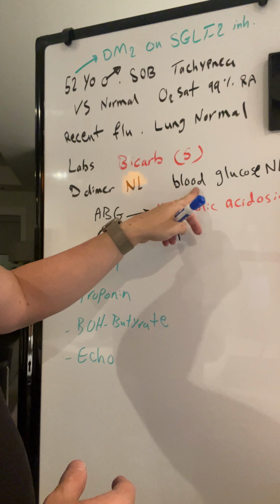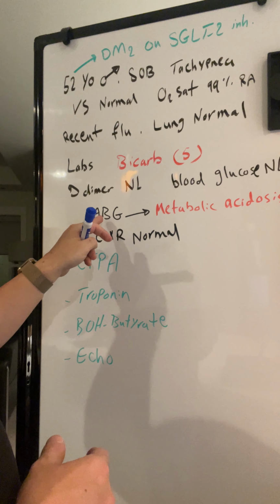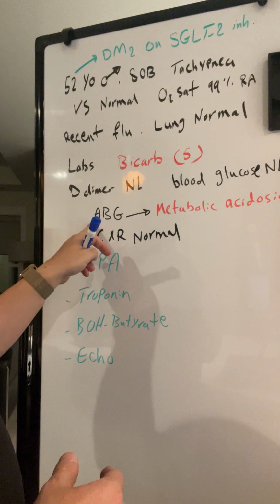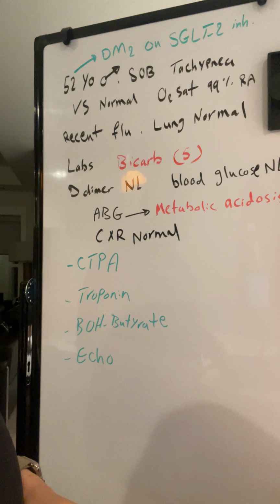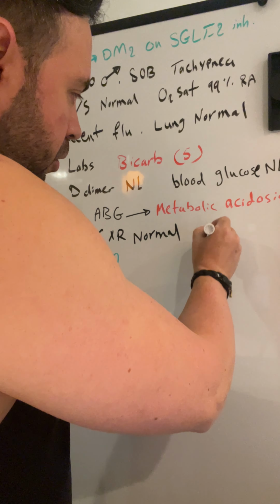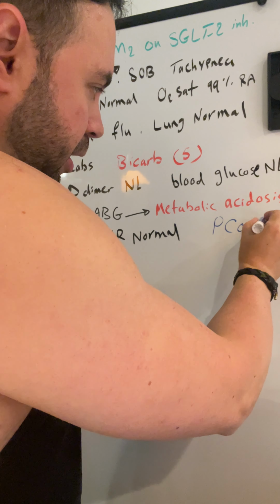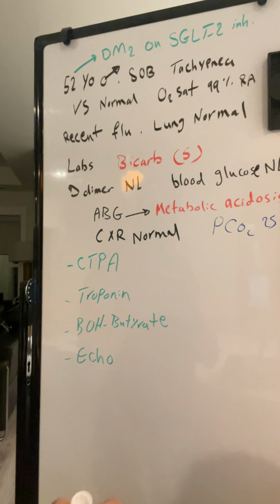The blood glucose of the patient was also normal, and they did an ABG that showed evidence of metabolic acidosis with respiratory compensation. They tell you his PCO2 was probably low, maybe about 25-ish or something like that.